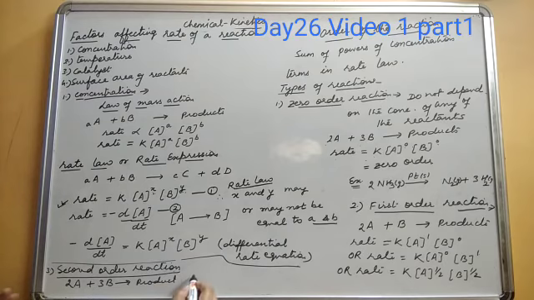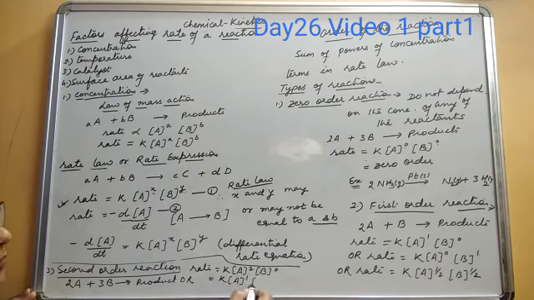If it is second order, its rate can be written as K A to the power 2 B to the power 0. It may be that this rate depends on 2 power of A and 0 power of B. Or it may depend on 1 power of A and 1 power of B. Again the sum total of powers from the rate law is 2.